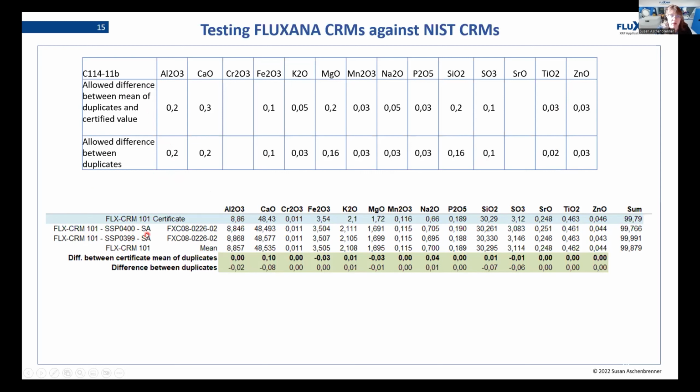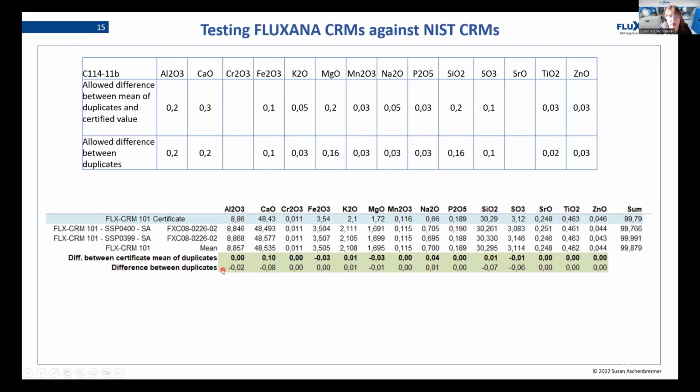And if we have a look at this one, this is the CRM 101. We have certified values up here. We have measurements, the mean of the measurement, and then we have the difference between the certificate and the mean of the duplicates. So this is the trueness factor here.